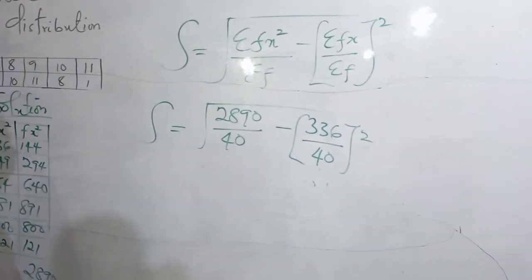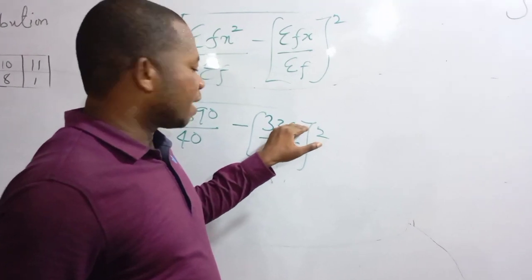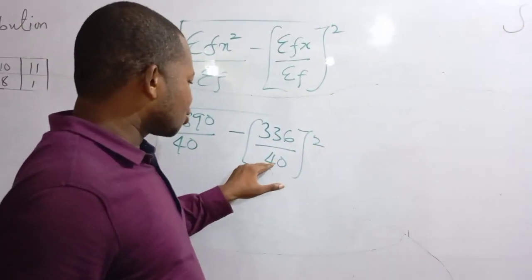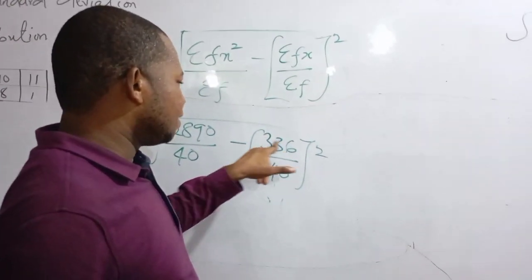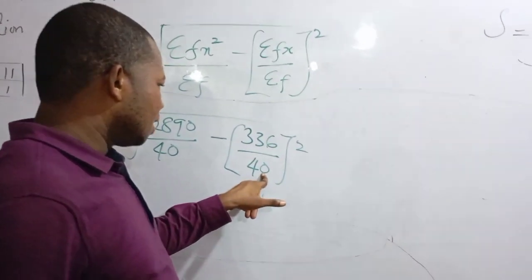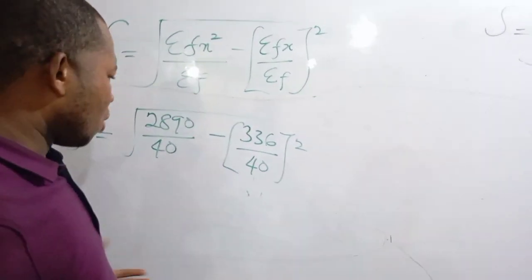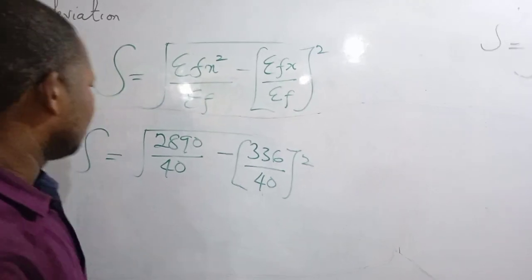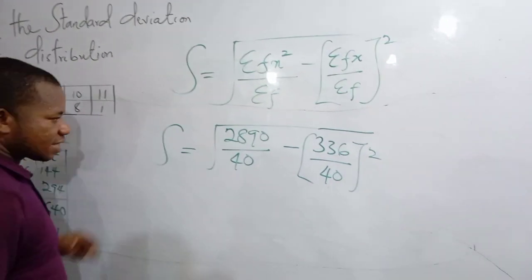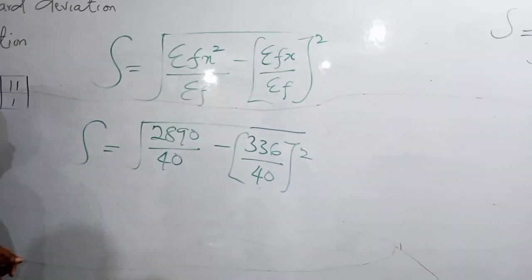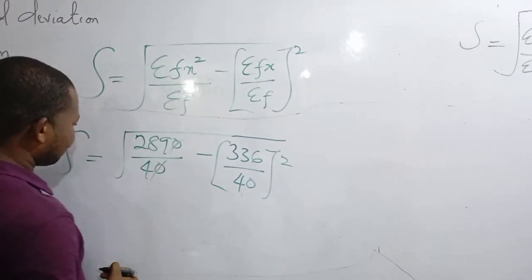Better still, you can decide to square everything here, then divide it by the square of everything here, or you can decide to divide this by this, then after getting your answer, you now square it. Whichever one you prefer, you're good to go. Now, based on the fact that I'm not working with a calculator here, see what I'm gonna do. This is 0, this is 0, so this one goes off.